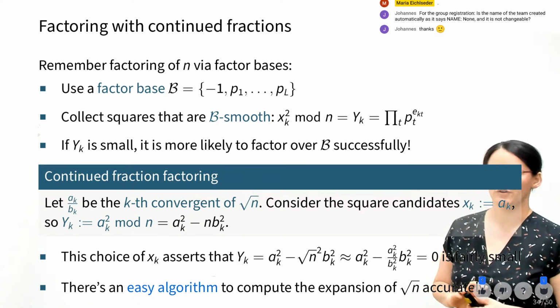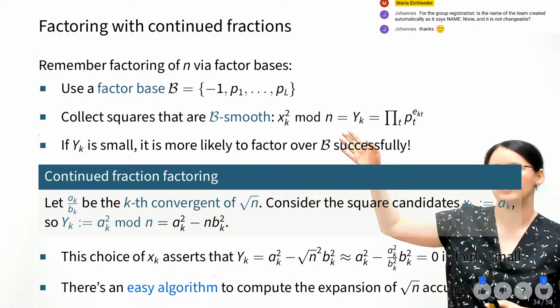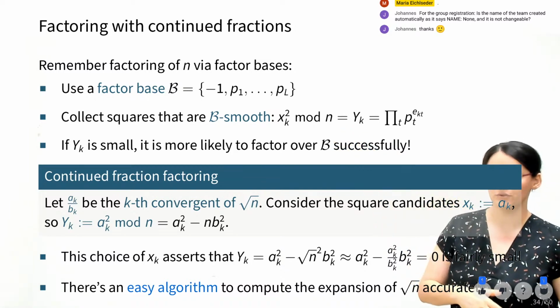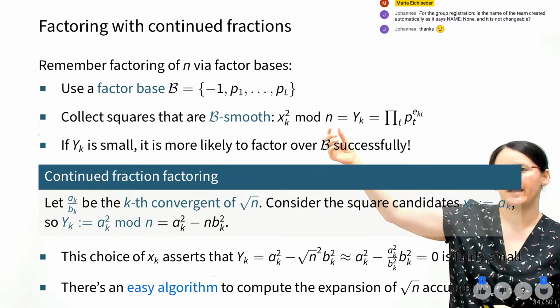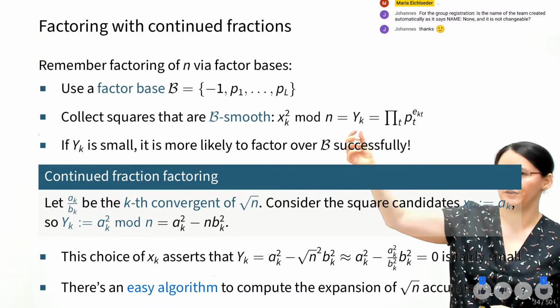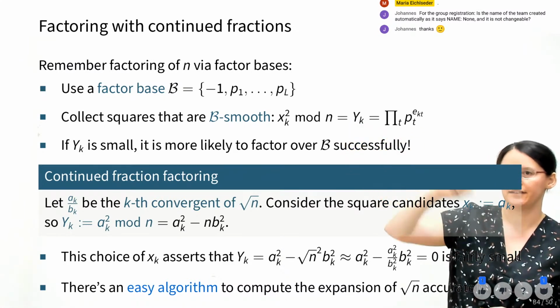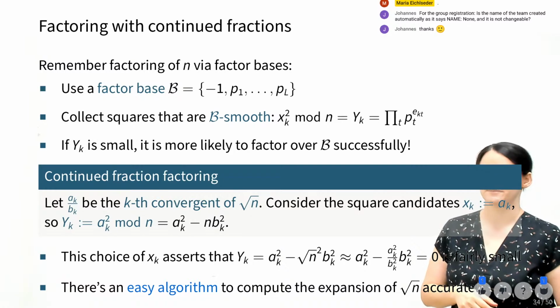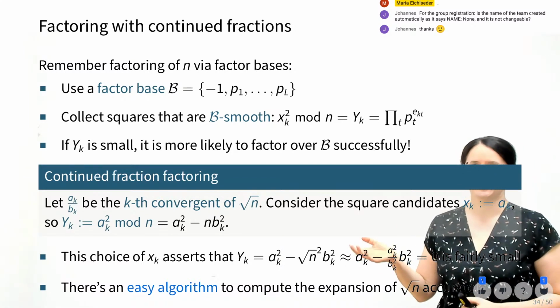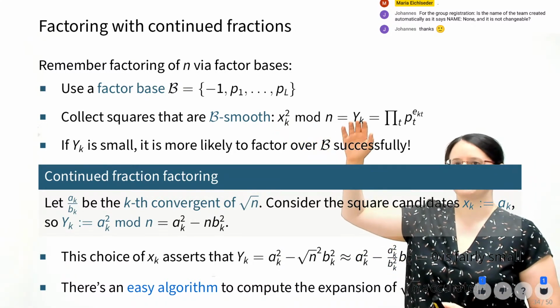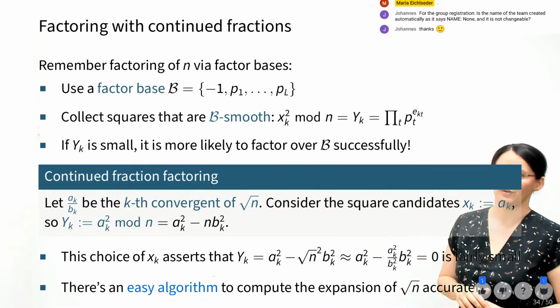And the idea is the following. I'm again trying to collect squares that are smooth, and I again try to have numbers y that are very small, so that it's likely that they actually factor over the factor base. So this is another trick, how to find x's with small y's. And it works as follows.